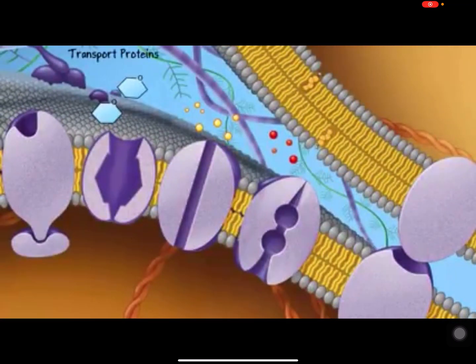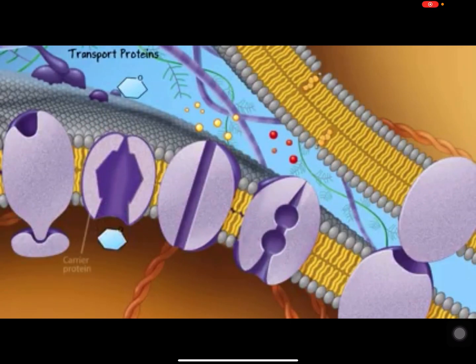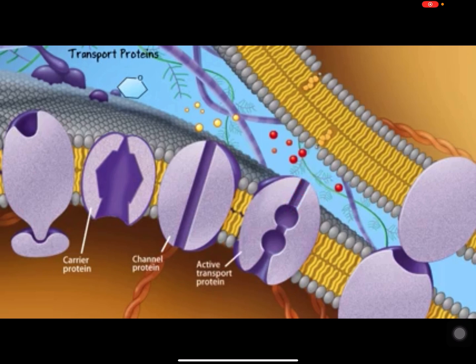Transport proteins may be carrier proteins that shuttle a molecule, such as glucose, across the membrane by changing shape. Other transport proteins provide channels through which specific molecules or ions, such as sodium, can diffuse. Some transport proteins act as pumps, using the energy of ATP to actively move molecules against their concentration gradient.